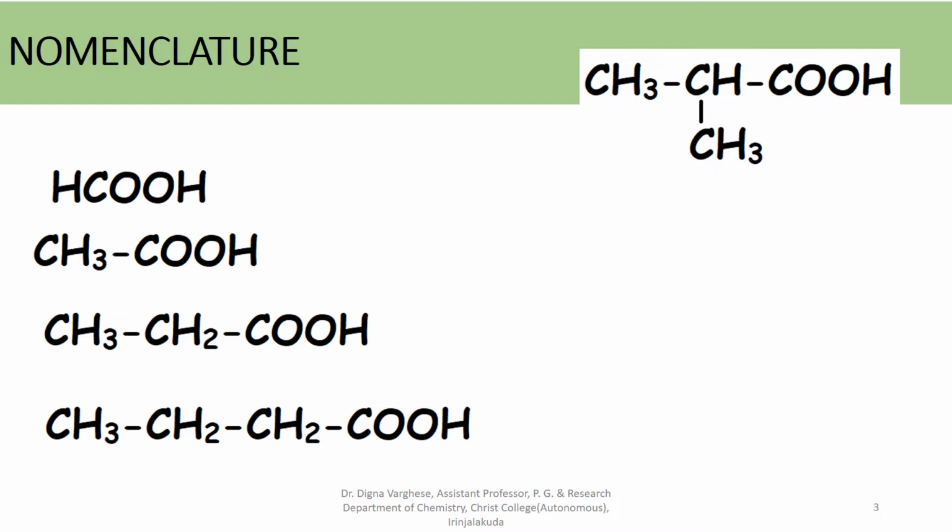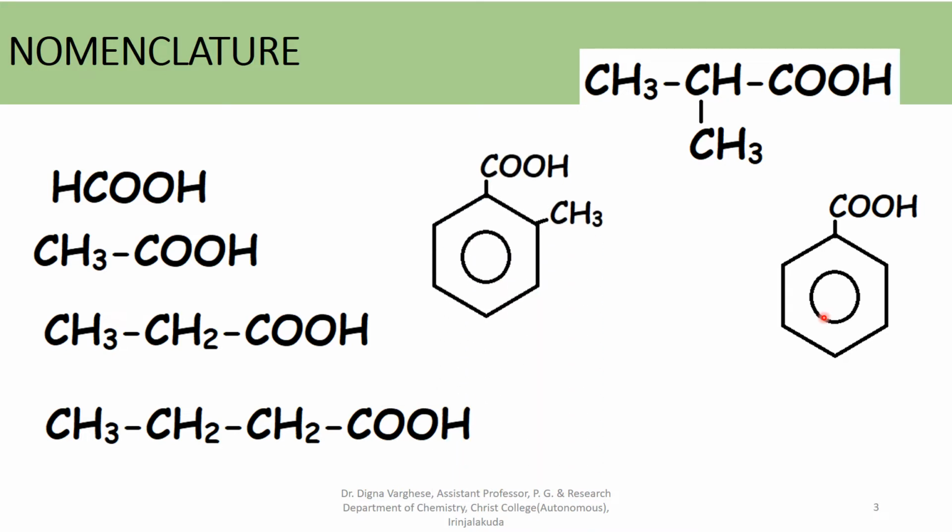Next one is benzene containing a carboxylic acid group. So it is benzoic acid, or we can say benzene carboxylic acid. Here you can see a benzene carboxylic acid with a methyl substituent at the ortho position to the carboxylic group.